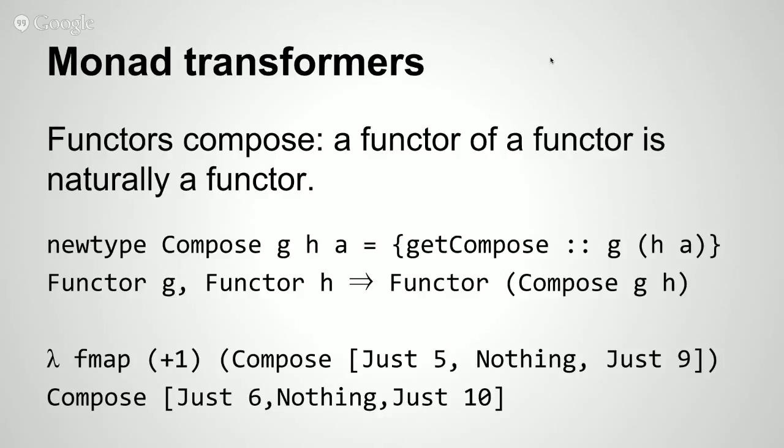So for example, at the bottom, we have a Compose of, and we feed it a list of maybes, and the compiler is smart enough to say, okay, so G is list, and H is maybe, and A is some numeric type. And you apply fmap +1, and it just works, which is great because functors compose naturally. There's only one way to compose a functor of a functor into another functor, and it's wonderful.